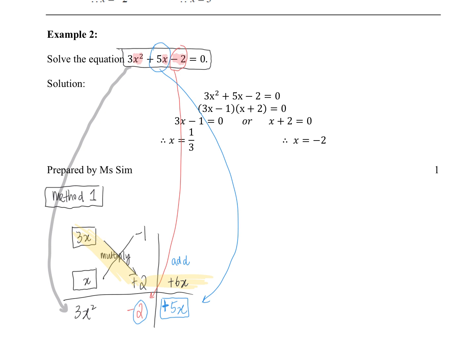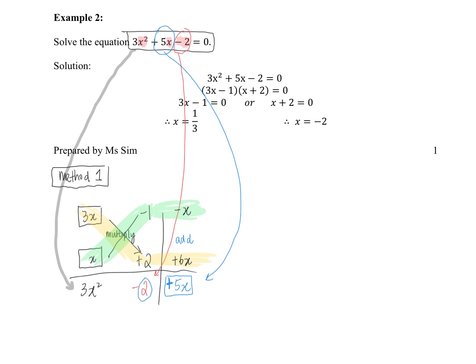So that this 2 gives me negative 2. And then when you cross multiply them in this way, it will give you negative x. So you just double check the last column will add up to positive 5x. Then you know you're on the right track. The 2 factors that you have found will be 3x minus 1 and x plus 2.